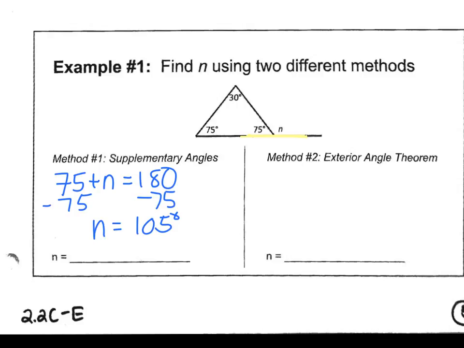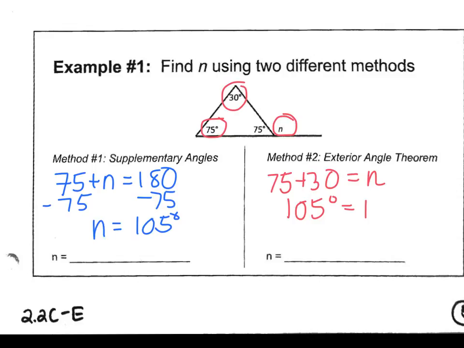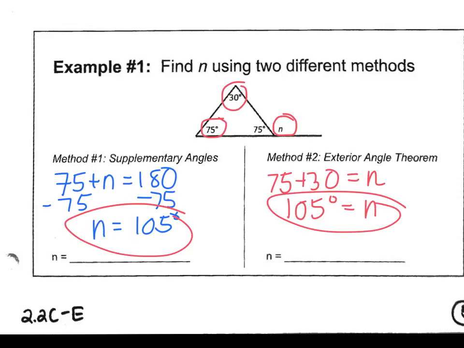If I use the exterior angle theorem, it says that the exterior angle is equal to the two remote interior angles. The remote interior angles are the ones not attached to the exterior angle, the ones that are not neighbors. So 75 plus 30 is what the exterior angle is. 75 plus 30 is 105 degrees. So two different ways to get the angle N.